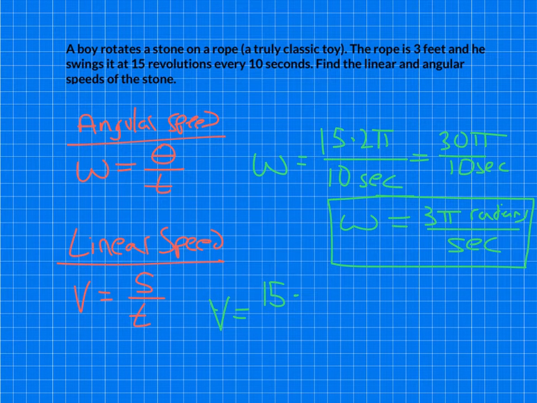My formula is 2 pi r, so that's 2 pi, the radius of the string is 3 feet, so times 3. So that's 15 revolutions times a circumference of 2 pi times 3, in a time of 10 seconds. That's 90 pi over 10 seconds, which gives me a linear speed of 9 pi feet per second.